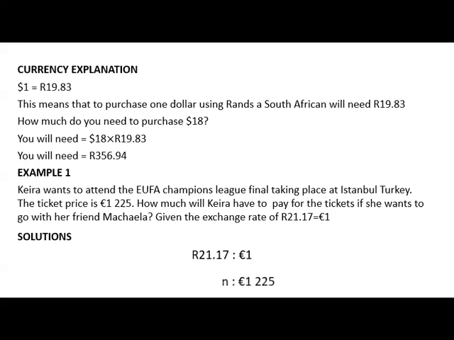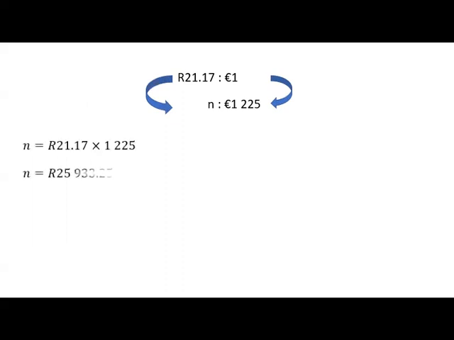So if I want to move from €1 to 1,225 euros, I will have to multiply that side by 1,225. And I'll do the same with the left-hand side, which is the first part of the ratio. I'll take that 21.17, multiply it by 1,225, and that will give me the rands that I need.